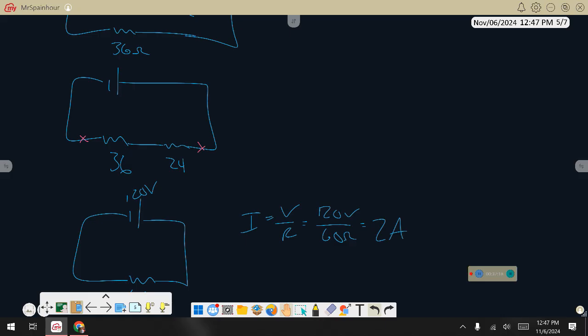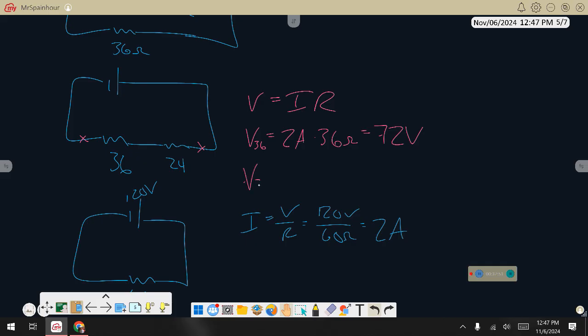What's true of the current throughout all of these? It's equal. And how much is that? 2 amps. So if you know there's 2 amps in both of those, and you know the resistances, what can you find out about both of them? You can find the voltage, aka voltage is equal to I times R. So the voltage in the 36 is equal to 2 amps times 36 ohms, or 72 volts.